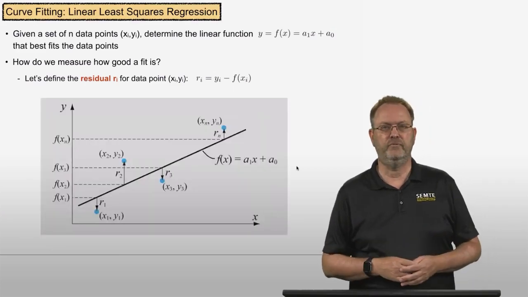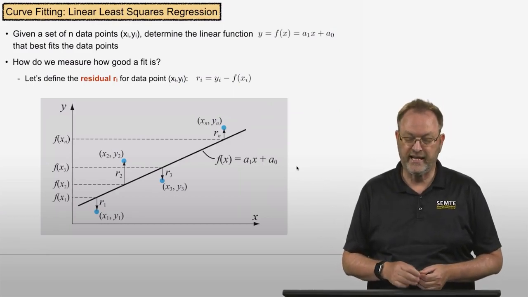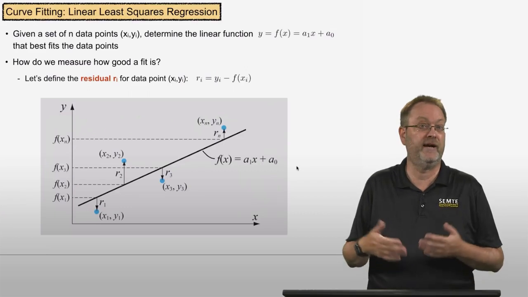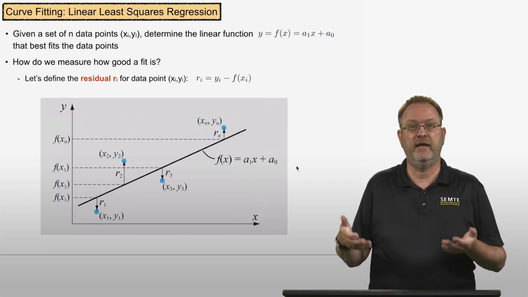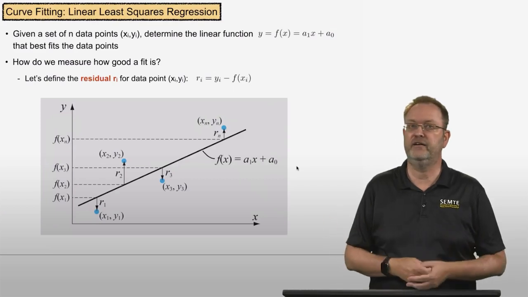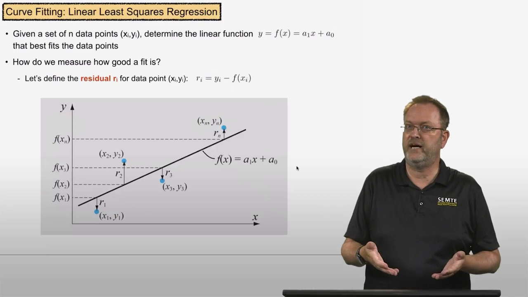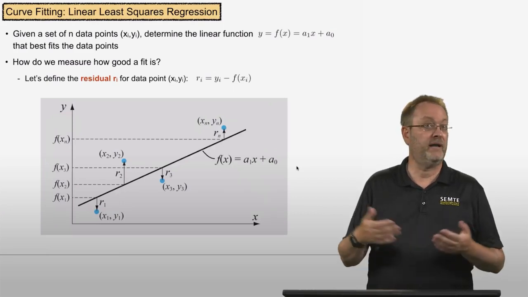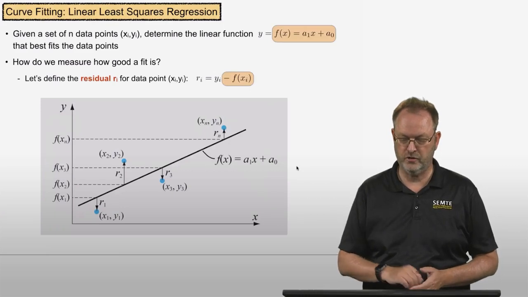Here's a graph from the book on this. If I have these different data points, I can at every point evaluate what my function would be, plugging in x1, x2, x3 into my linear function. And then the residual is just the measured value y minus what my line predicts at that location. So that is the definition of the residual.